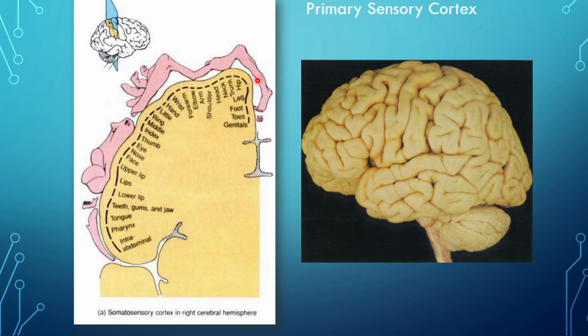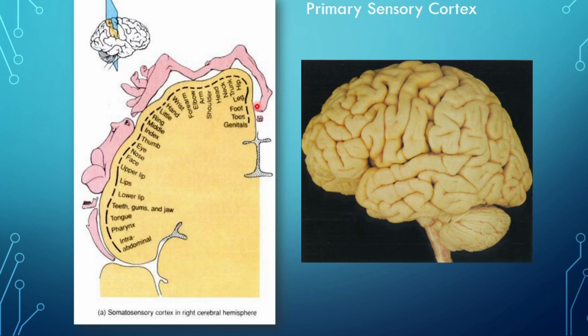So the feet would be dangling down in the longitudinal fissure, actually along with the genitals. There you are, right under the toes there. And then with the kind of head and neck structures further towards the lateral aspect and the lateral fissure of the cerebrum.